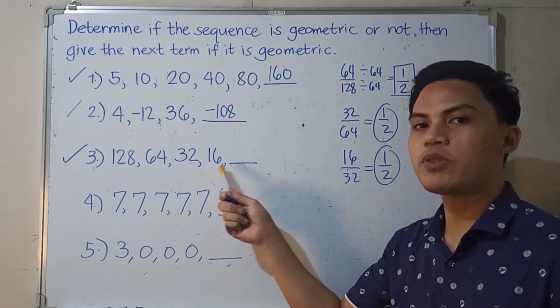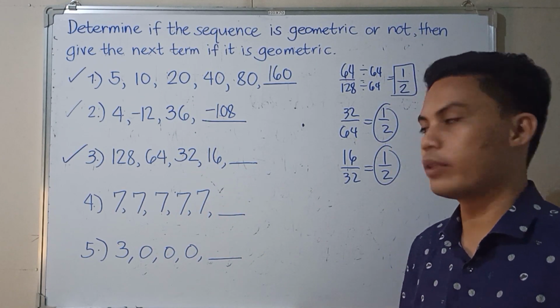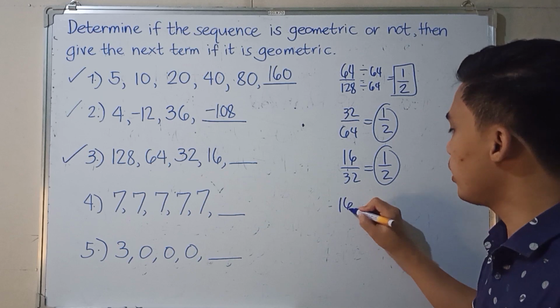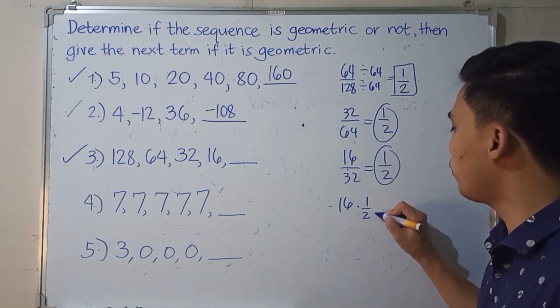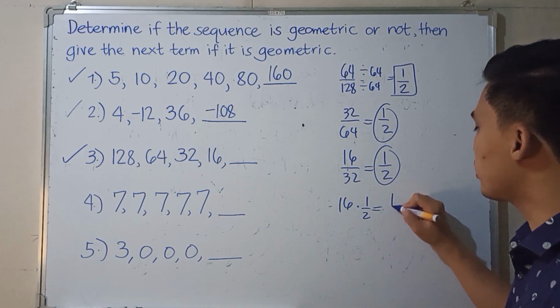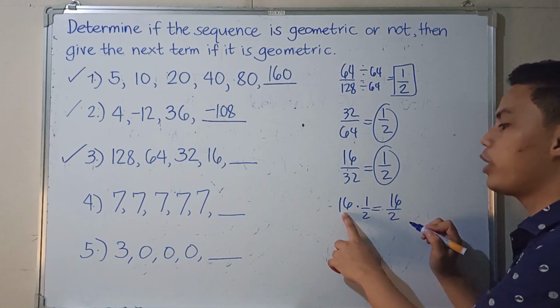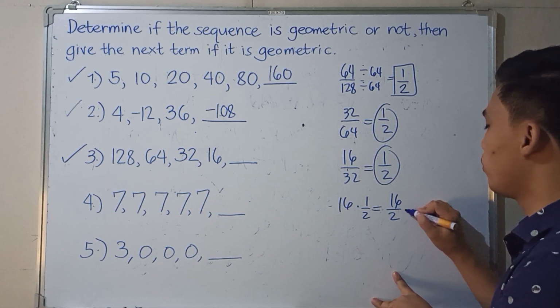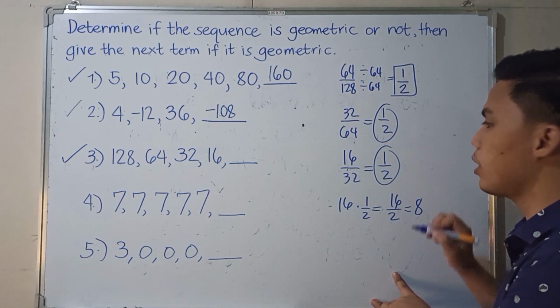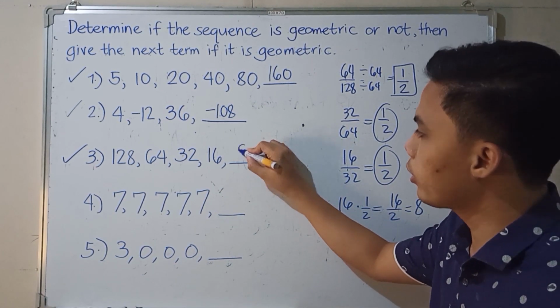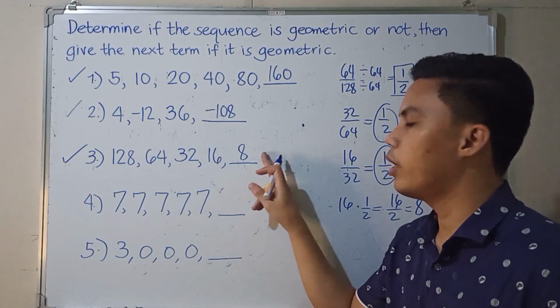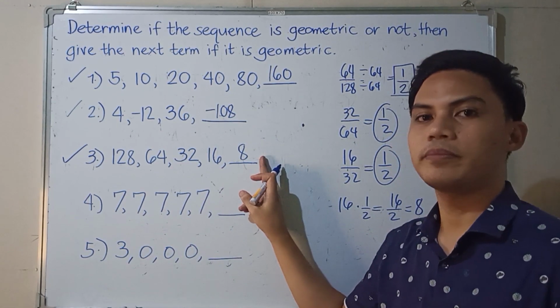Now, 16 times 1 half would be equal to what? 16 times 1 half simply means 16 divided by 2. Tama? Kasi nga may denominator tayo dito na 1. So, you will have 16 divided by 2 is 8. Therefore, ang next na term natin sa sequence na ito ay si 8.